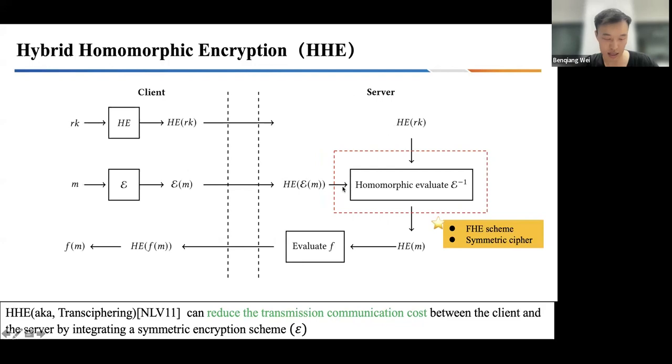As we can see in HHE frameworks, if the server wants to perform homomorphic evaluation on ciphertext, the server must evaluate the decryption circuit of a symmetric cipher. So the selection of the FHE scheme and the symmetric cipher is very important.